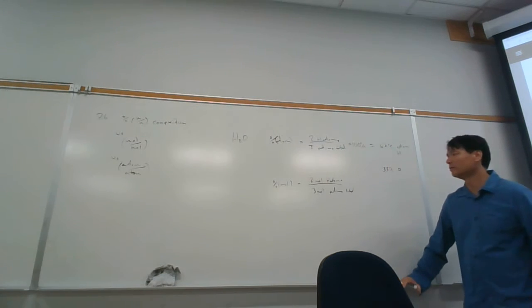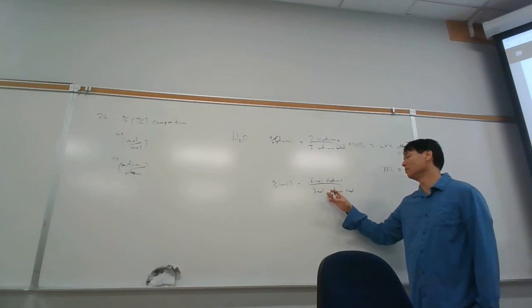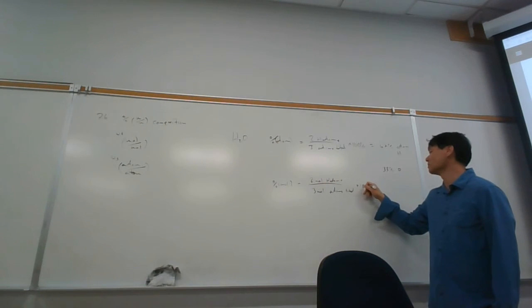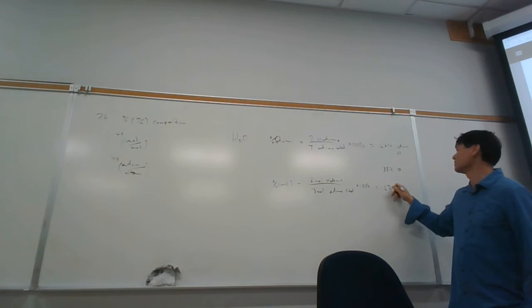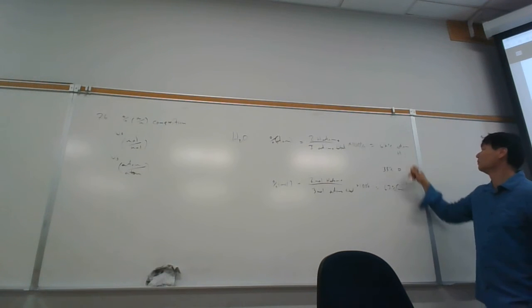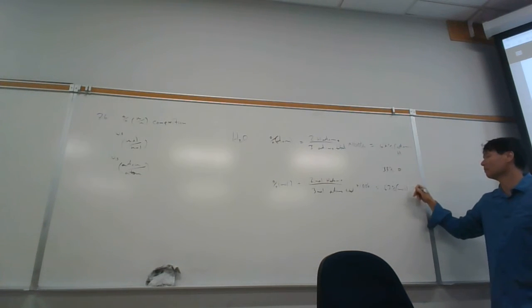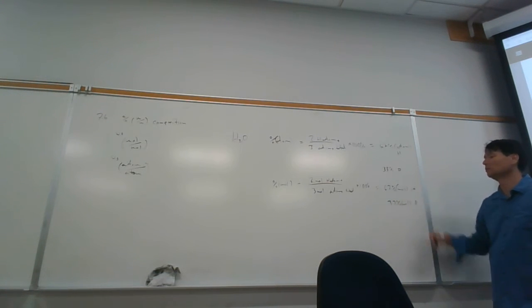So 1 mole of water is going to have 3 moles of atoms total, times 100%. And so I'm going to get the same thing, 67% by mole H, 33% by mole O.